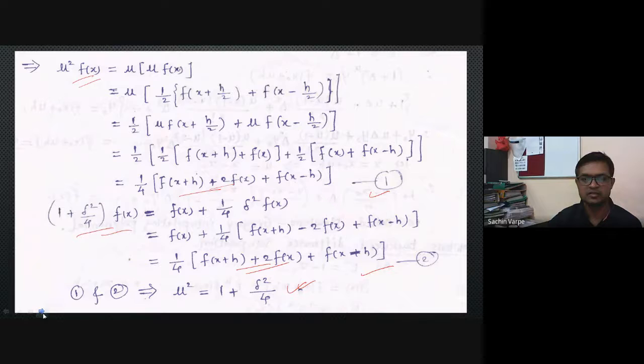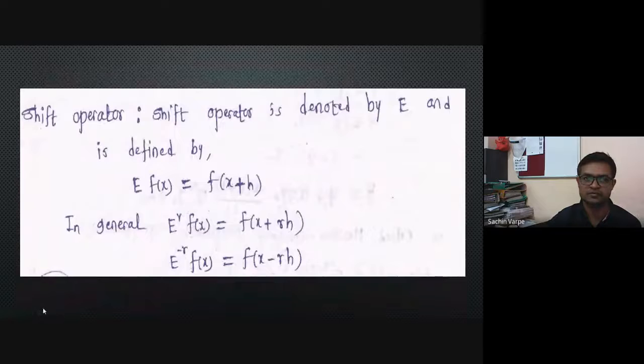See, I uploaded notes on the blog. Just go through the notes and ask if any doubt. Shift operator, the last operator, is the shift operator. It is denoted by E, and it is defined as E raised to 1 of f of x is f of x plus 1h.